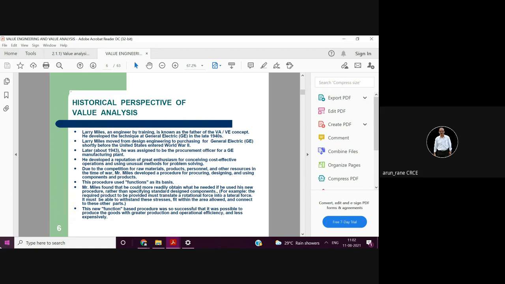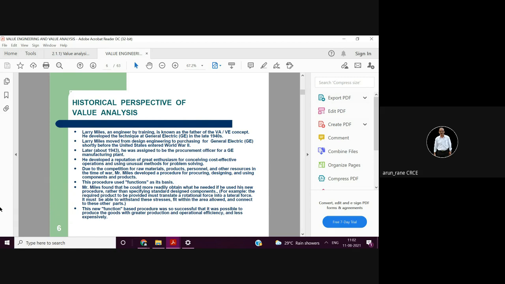So we'll quickly go through this. This is a very early PPT. Please refer to it. This is for those who want to take a project in value analysis. They can go for this, but from the examination point of view, the earlier PPT should be fine.